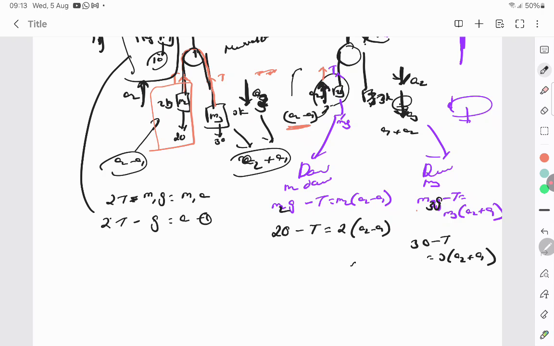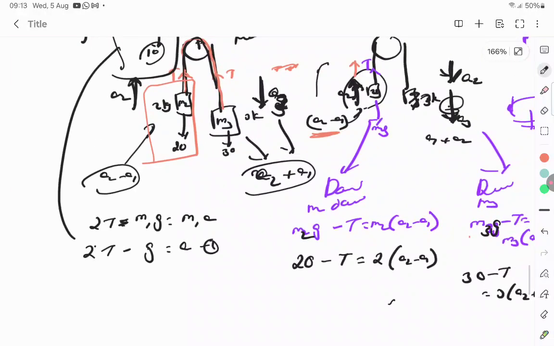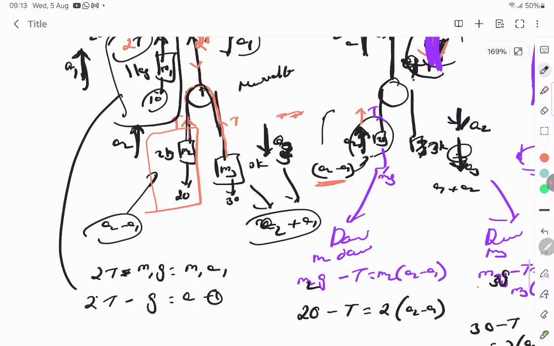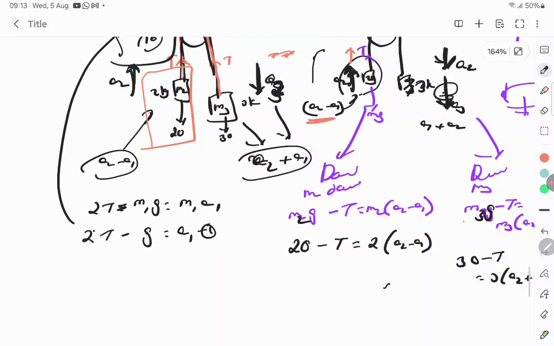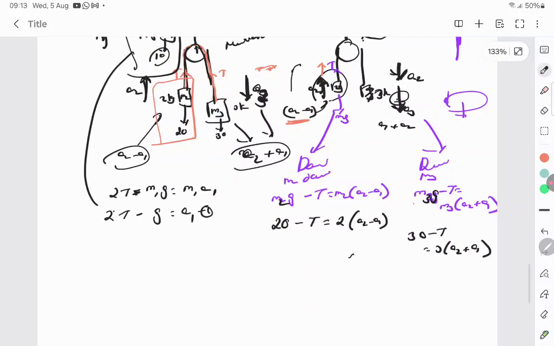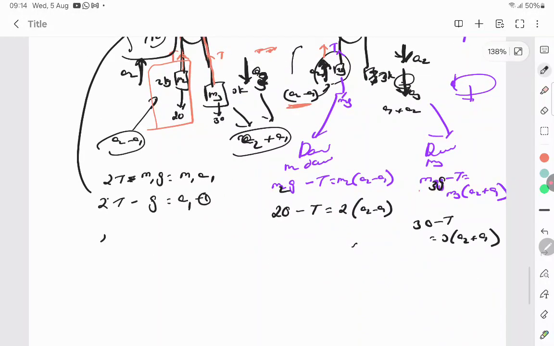Okay, so now let's go to this one. This is A1, right? M1 into A1. So from the first one, 2T minus G is equal to M1 into A1, and mass is 1 kg, so this is 2T minus 10 is equal to A1.